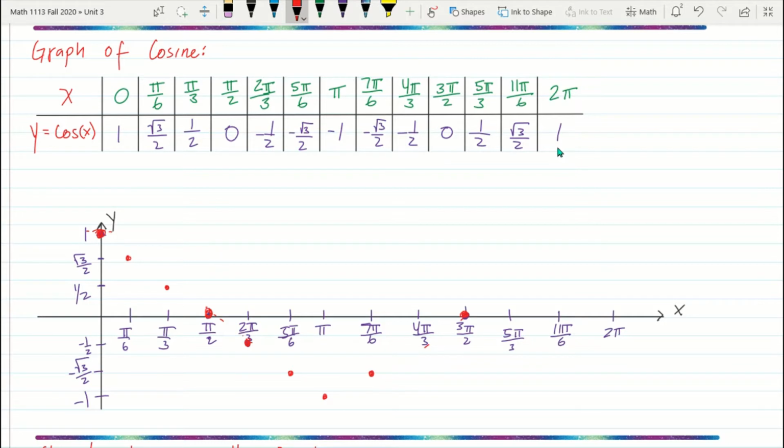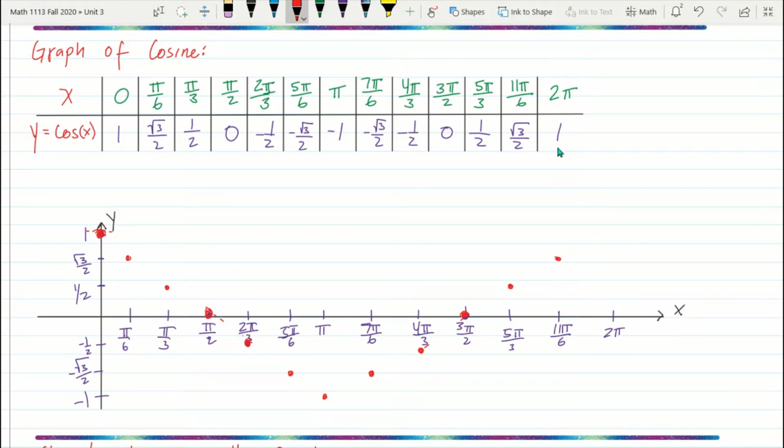We start creating this pattern of up and down, and then up again kind of thing. 3 pi over 2, we are at 0, then 1/2. Oops, that's kind of low, it seems. Then 11 pi over 6 is square root of 3 over 2, somewhere over here.